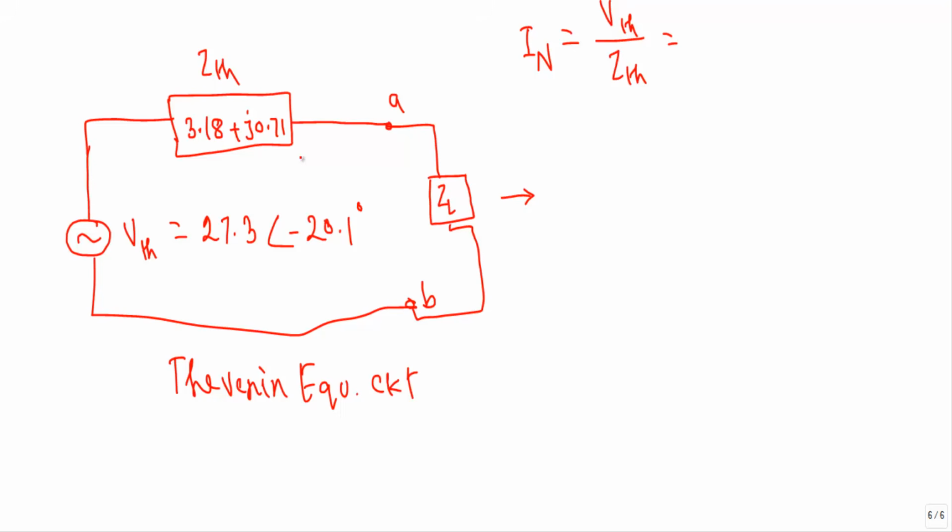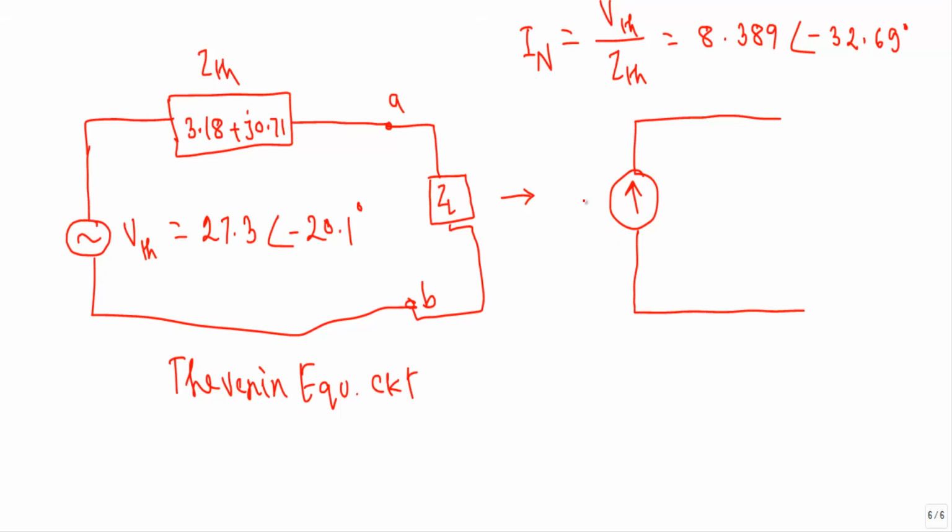So this will give us our Norton current IN equal to 8.389 with phase angle minus 32.7 degree.